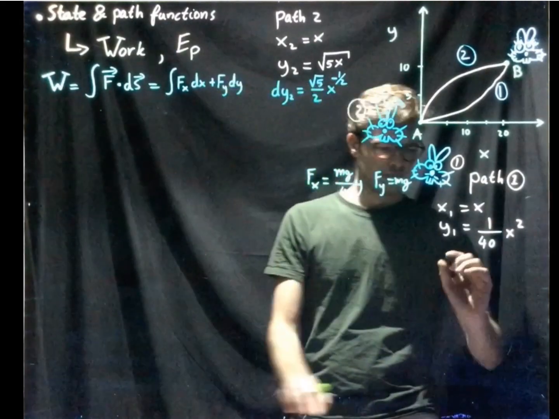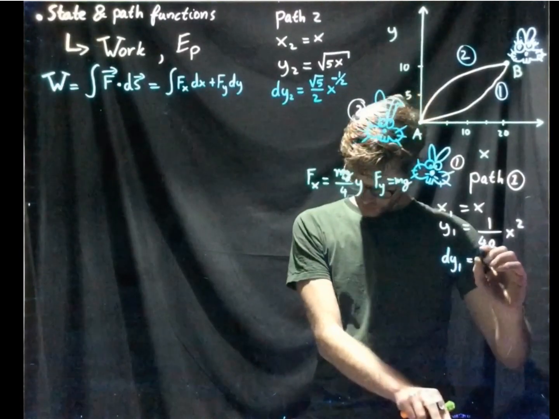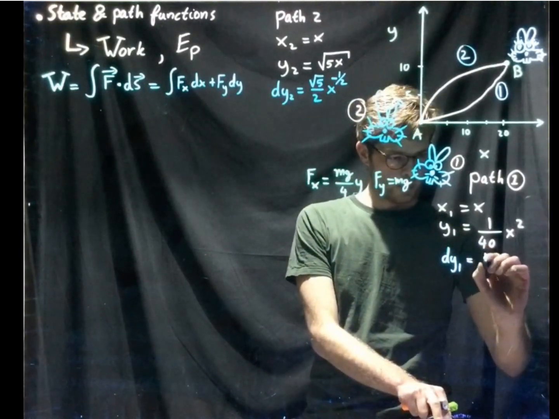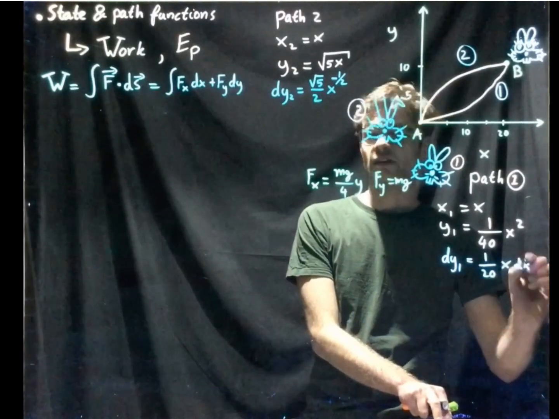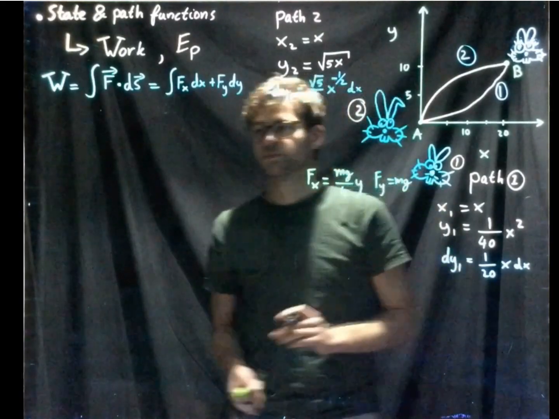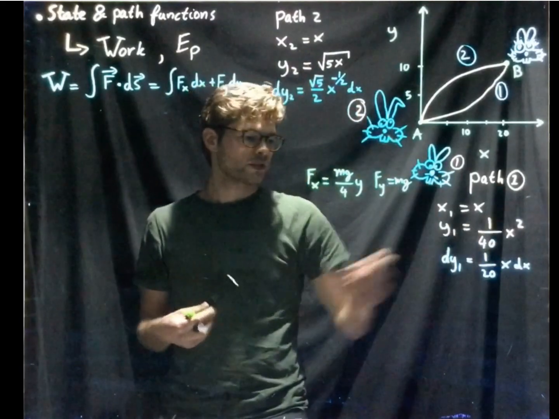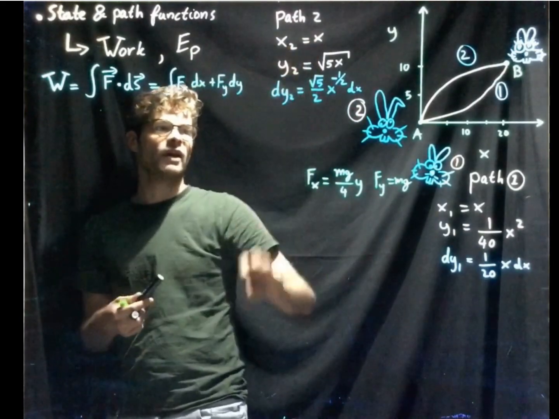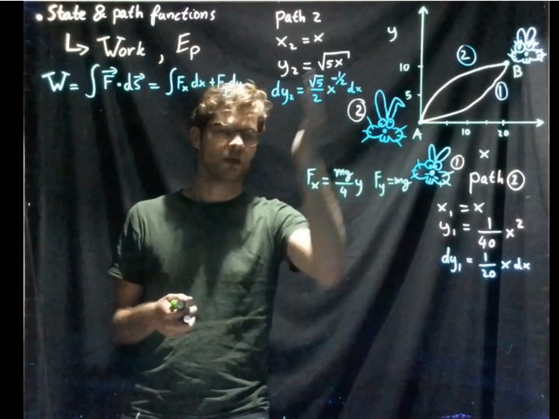So that's dy2, and dy1 is equal to 1 over 20 x dx. Okay, so these are my descriptions for the paths of rabbit 1 and rabbit 2.